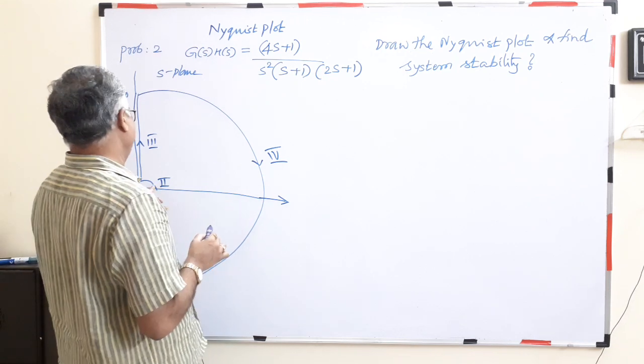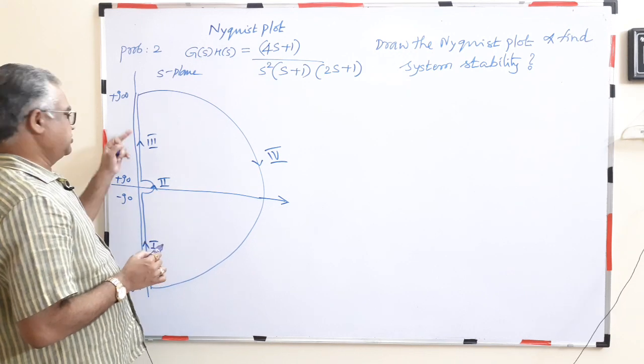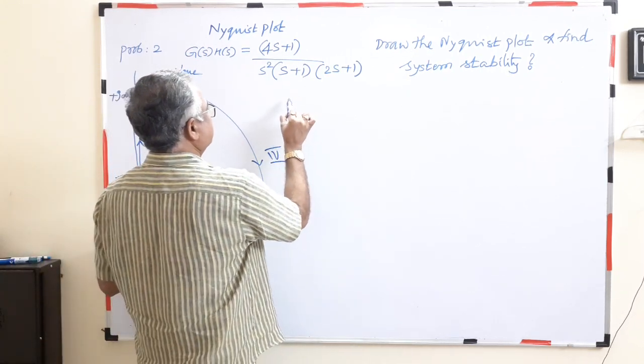Now first we have to do it for second and fourth section. First, third, anyway we join. So start with the second section.